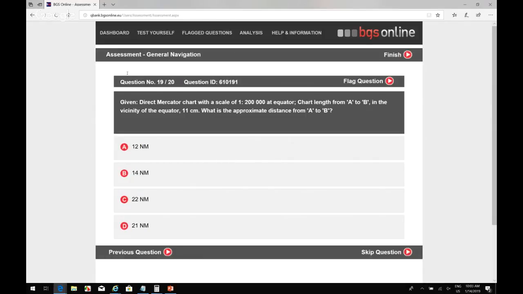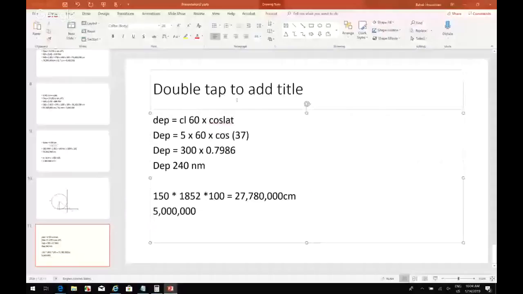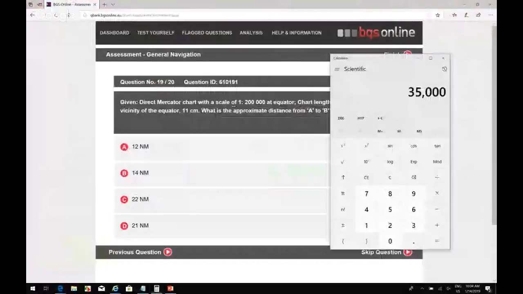What's the approximate distance from A to B? Okay, so we'll do that again. So 200,000 times 11 divided by 100 divided by 1852 equals 12 nautical miles.